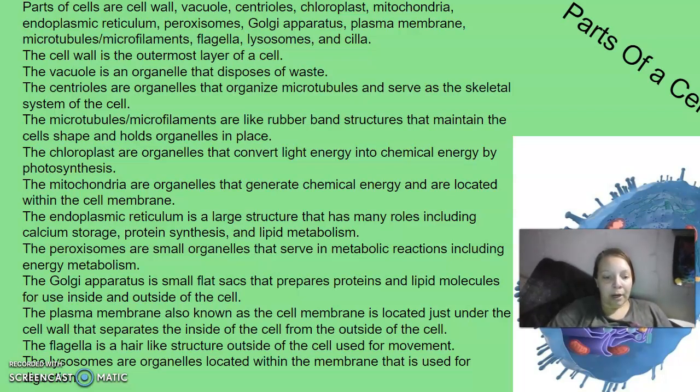The plasma membrane, also known as the cell membrane, is located just under the cell wall, and that separates the inside of the cell from the outside of the cell. The flagella is a hair-like structure outside of the cell used for movement, and the lysosomes are organelles located within the membrane that is used for digestion.